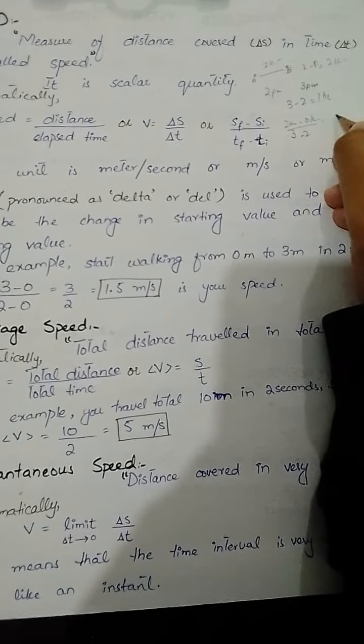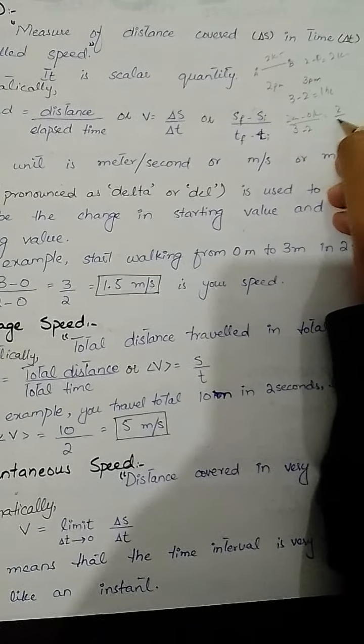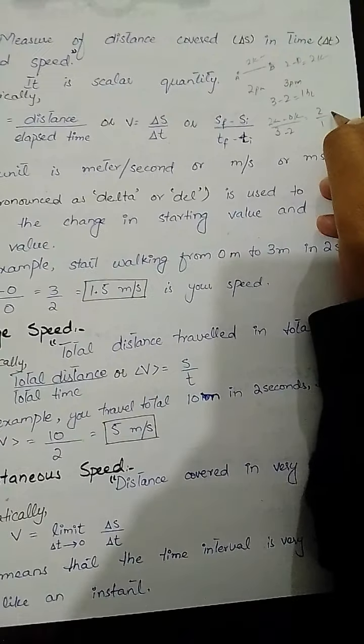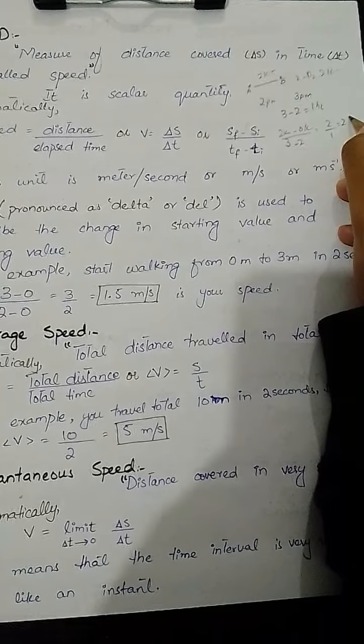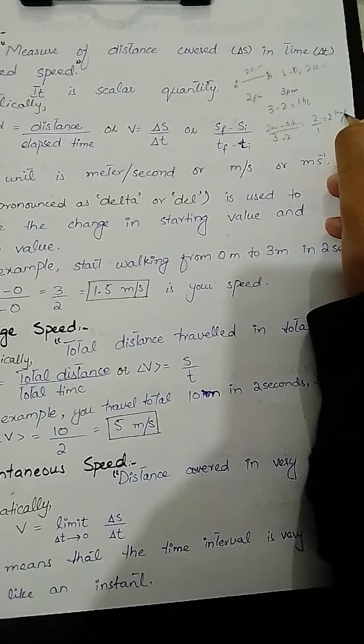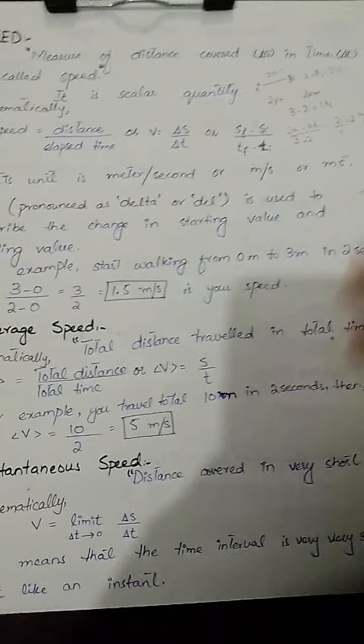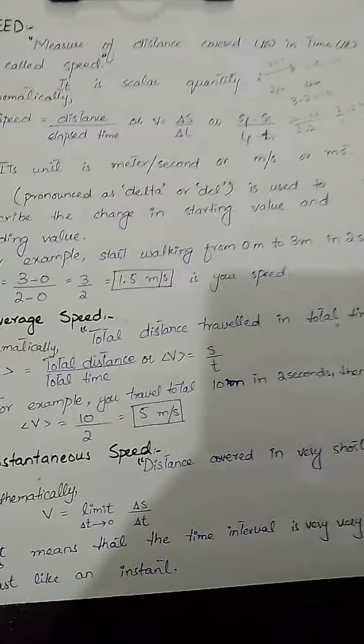It will give you 2 minus 0, 2, divided by 3 minus 2, 1. This is 2 divided by 1 is 2, and this is your kilometer per hour. 2 kilometers per hour would be your speed, right?